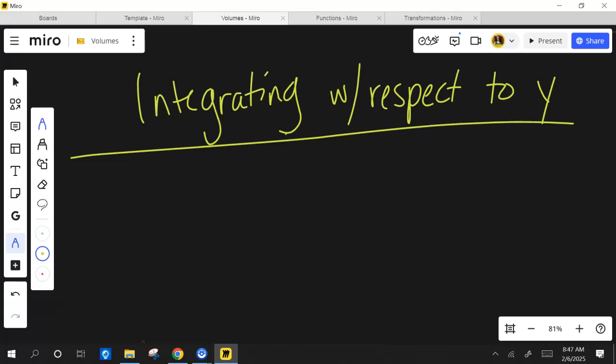All right, integrating with respect to y. Right minus left. I always forget this.